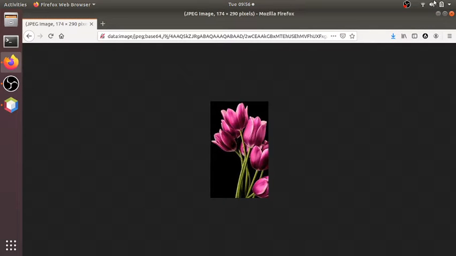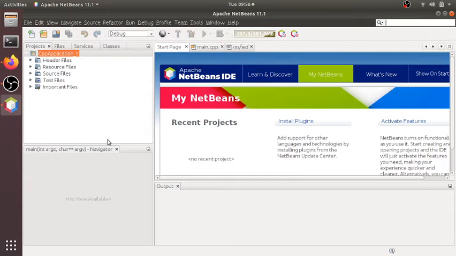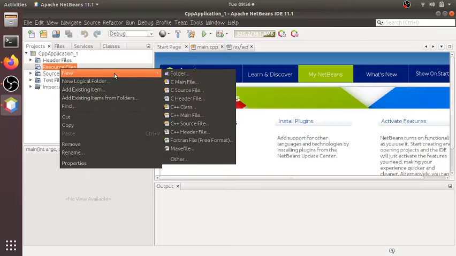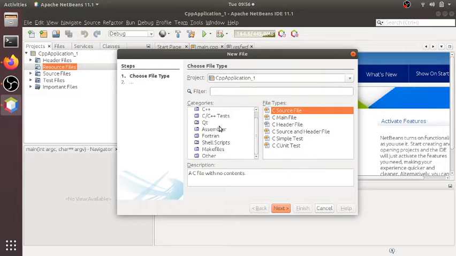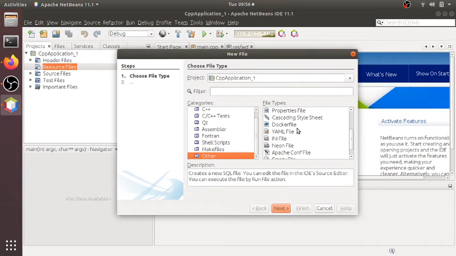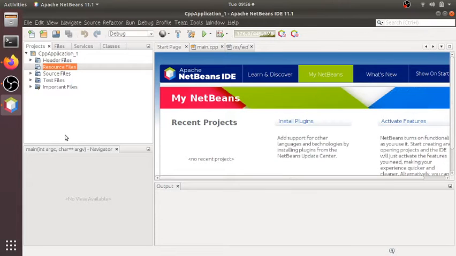Okay, so what? I'll add the resource. New other. I can't add file here. SQL file. Okay. Can't I add files here? Can't add, right?